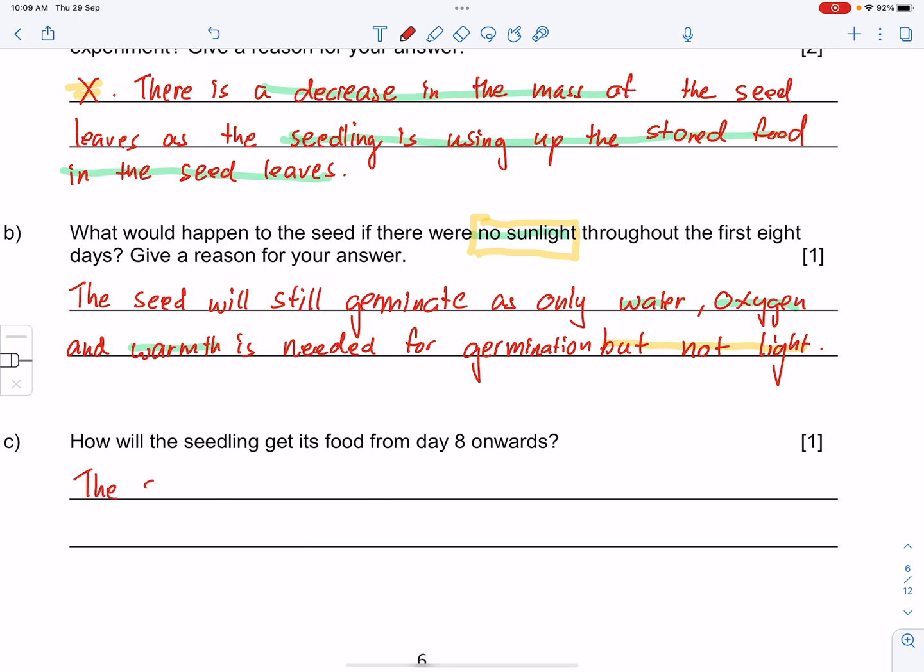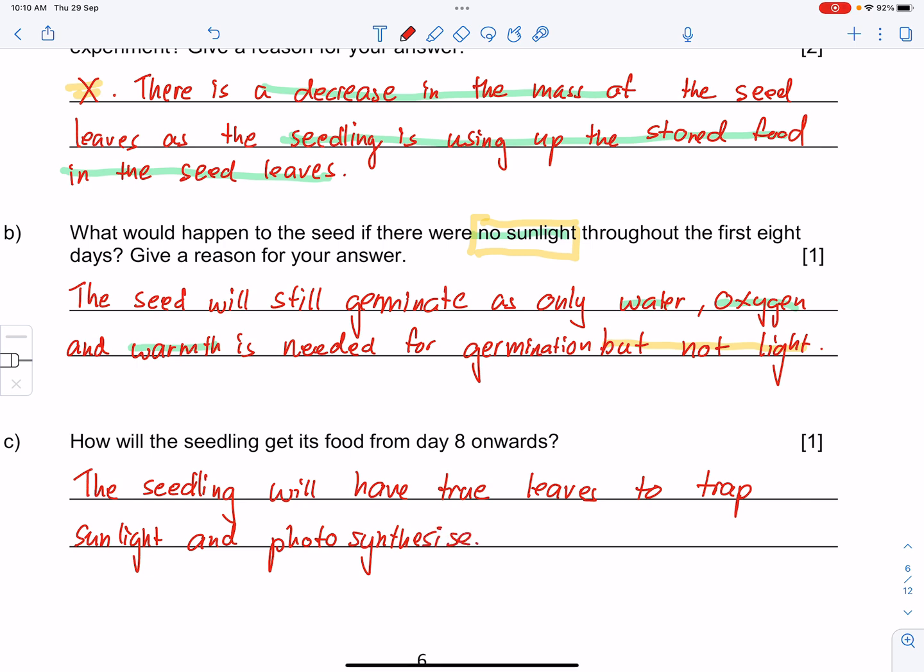So you will need to answer it as: the seedling will have true leaves to trap sunlight and photosynthesize. If you write make food, it is absolutely correct.